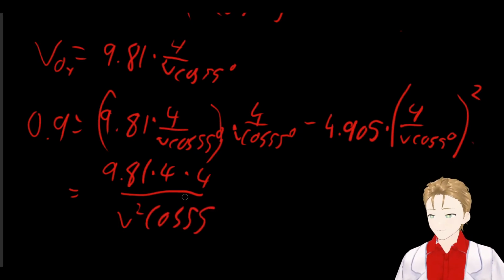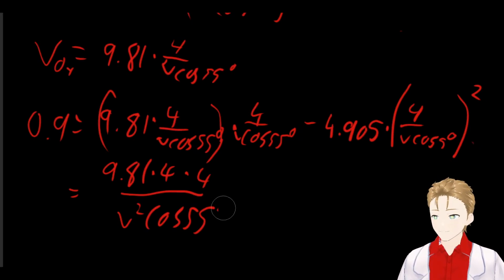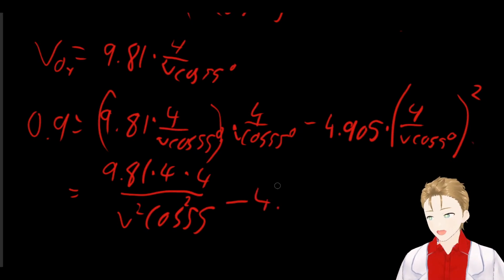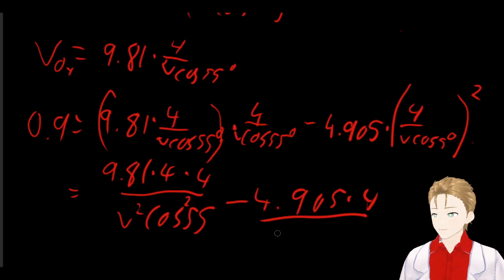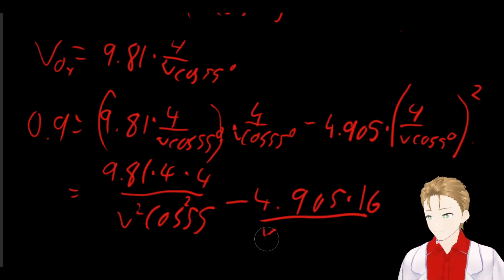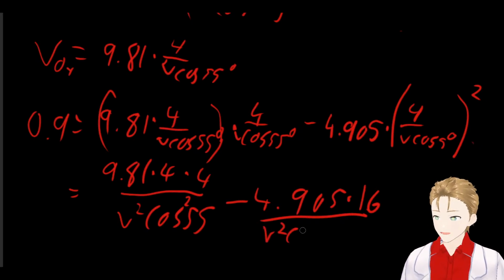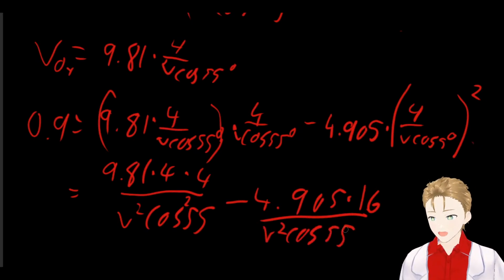Maybe I should. Oh god, I don't know where to put it. There. Minus 4.905 times 4 all over. Oh wait, 16 all over v squared cosine 55 degrees squared.